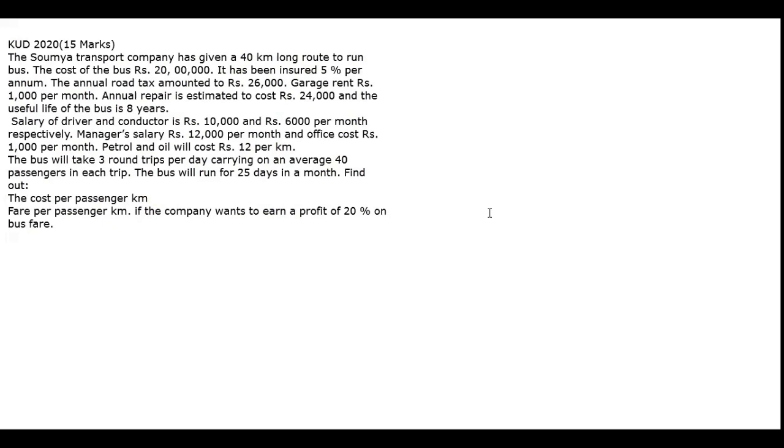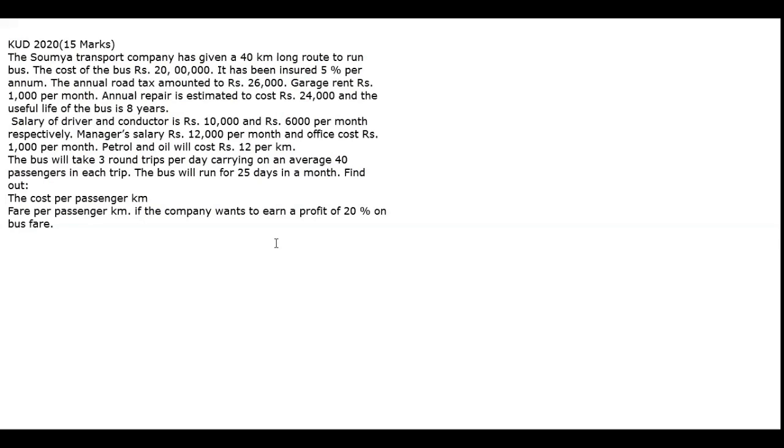So here all the information given is per month, and a few items are given per annum. So we have to convert all these annual charges into monthly. And one thing we have to keep in mind in order to calculate cost per passenger kilometer, as I told in my earlier session, we have 3 steps.